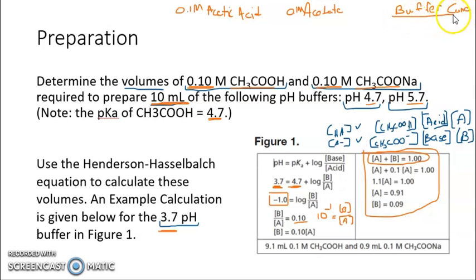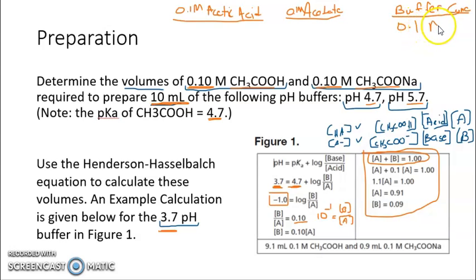When we talk about the buffer concentration, we talk about the conjugate base concentration. So this is a 10th molar, 0.1 molar, acetate buffer.